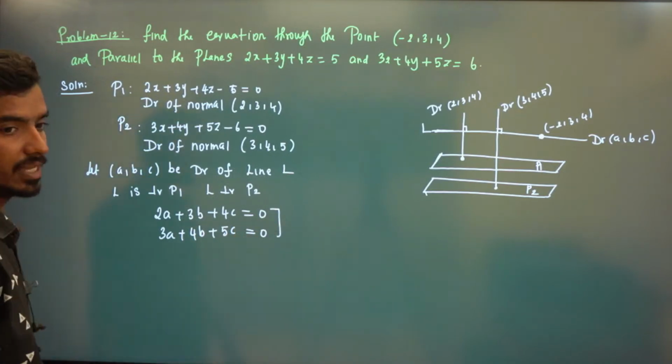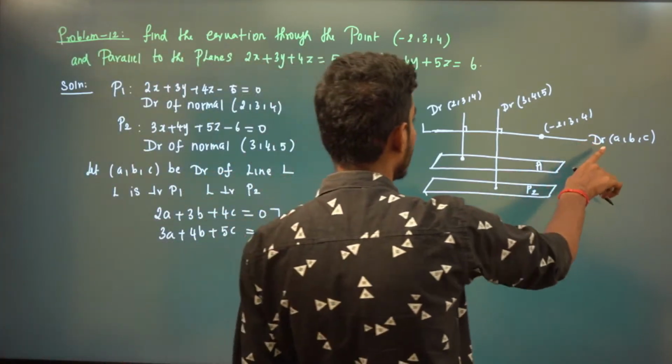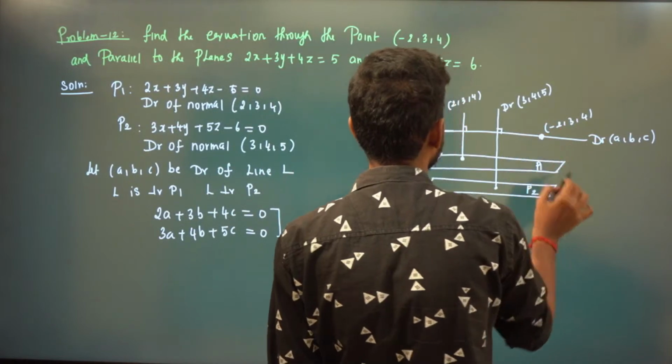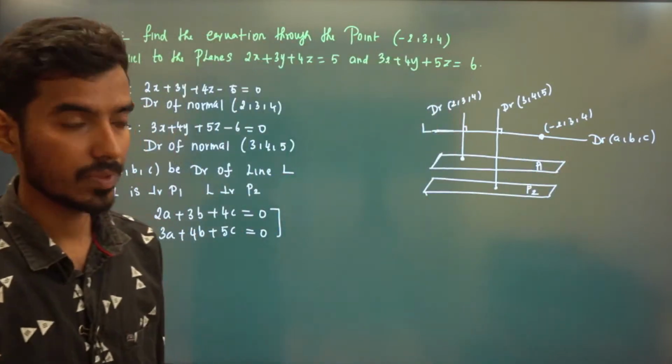Now solve for a, b, c. You can get the direction ratio, and you know a point, so you can easily find the equation of this line. You can do this, right?